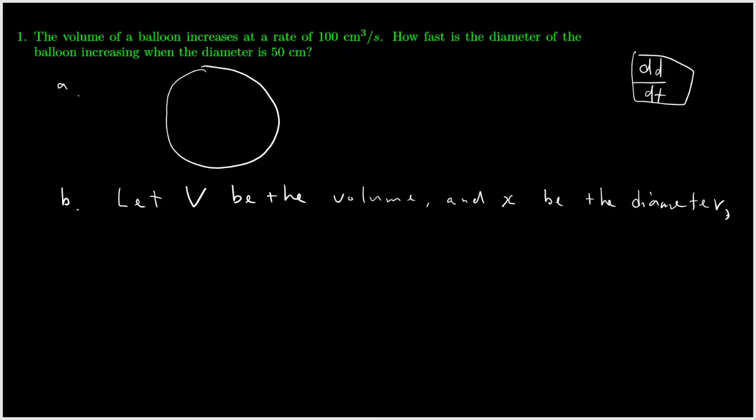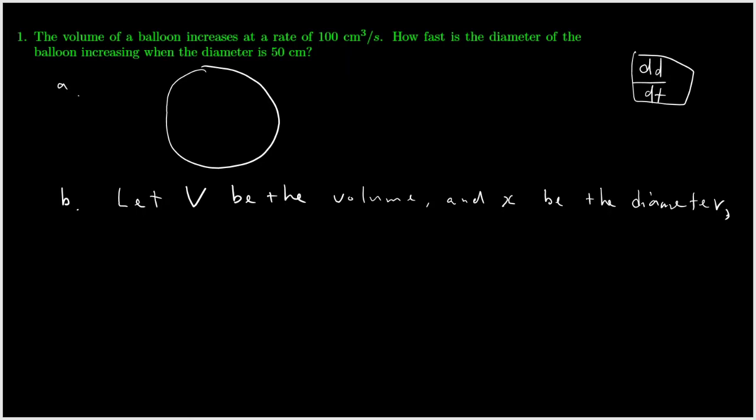It's a related rates problem. You know the volume and the diameter are related, but there's no geometry formula that relates V and X. The volume of the sphere is not given in terms of the diameter.